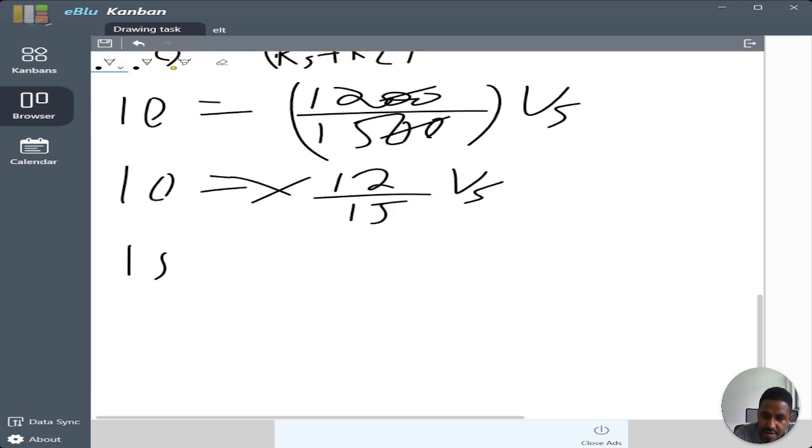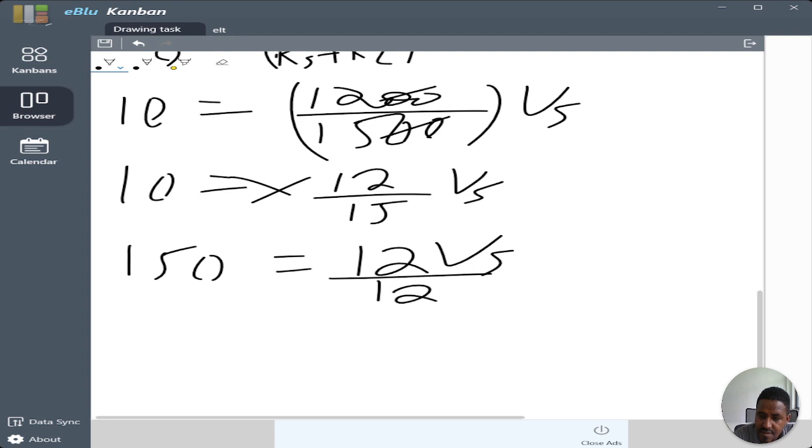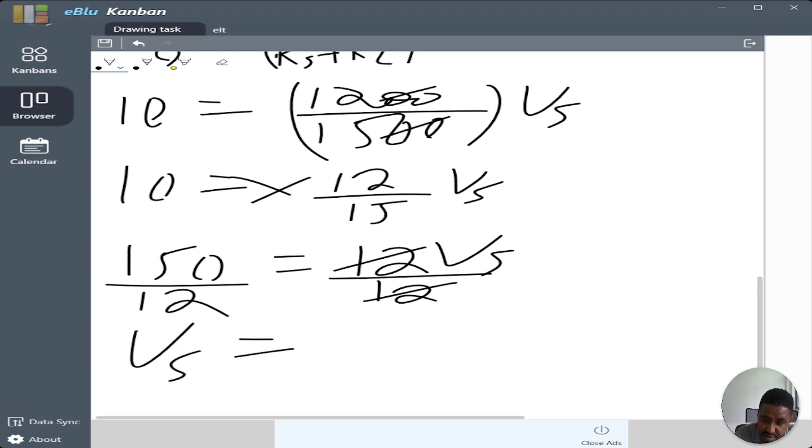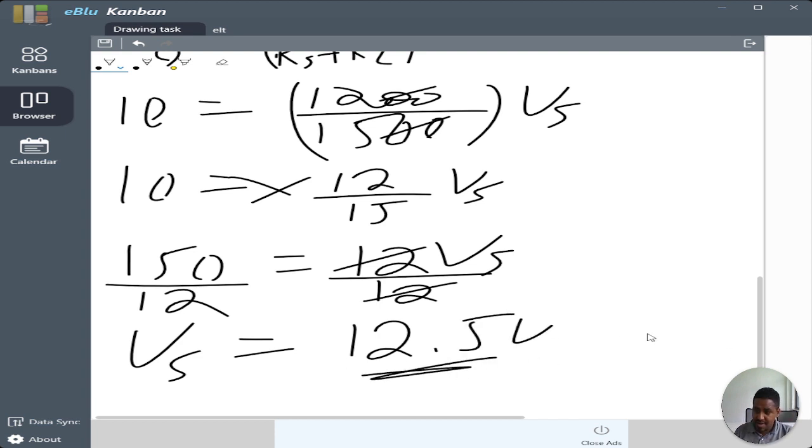So 150 is equal to 12 of Vs. So divide by 12, and our Vs becomes 12.5 volt. So that means when our V source is 12.5 volt, our V out becomes 10 volt.